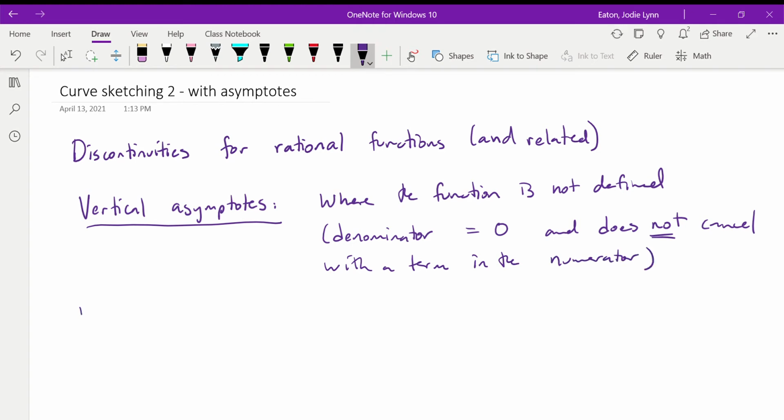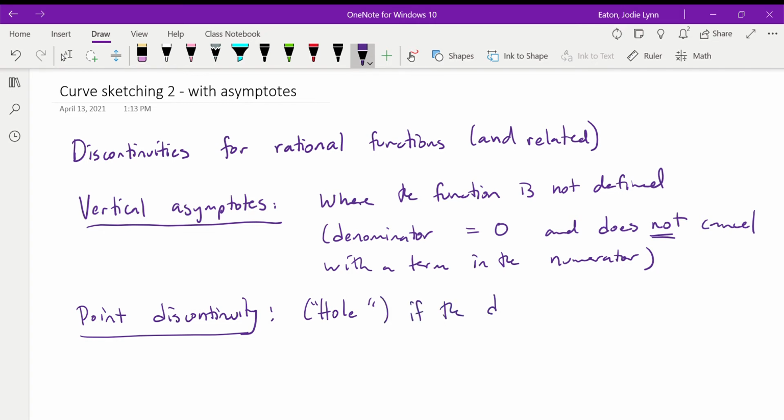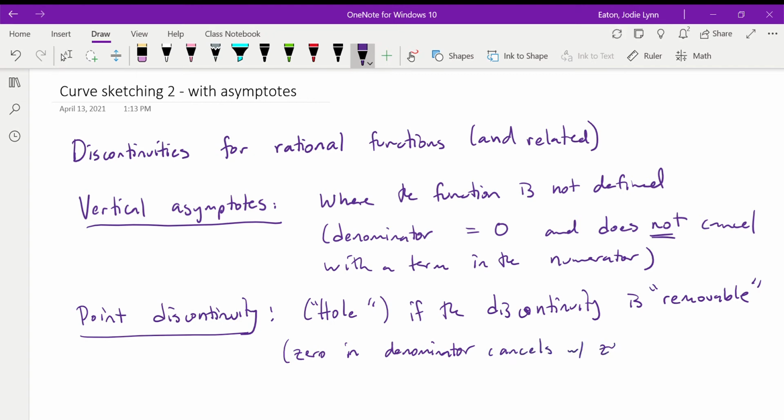Okay, we have a point discontinuity or a hole if the discontinuity is removable, which means the 0 in the denominator cancels with a 0 in the numerator.